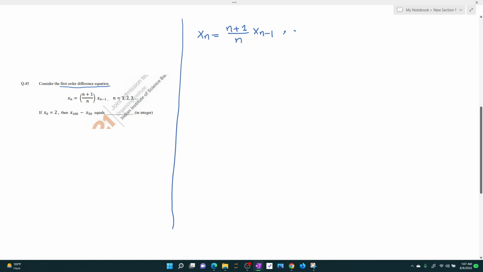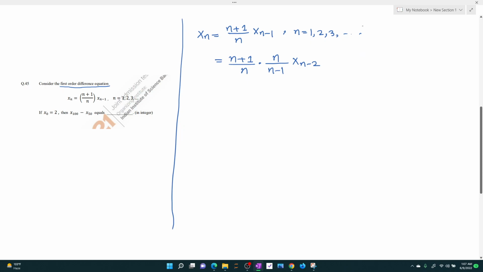And this is true for all n equal to 1, 2, 3, and so on. So my point here is, can I write this like this: (n plus 1) upon n multiplied with n upon (n minus 1) into x_(n minus 2), right?